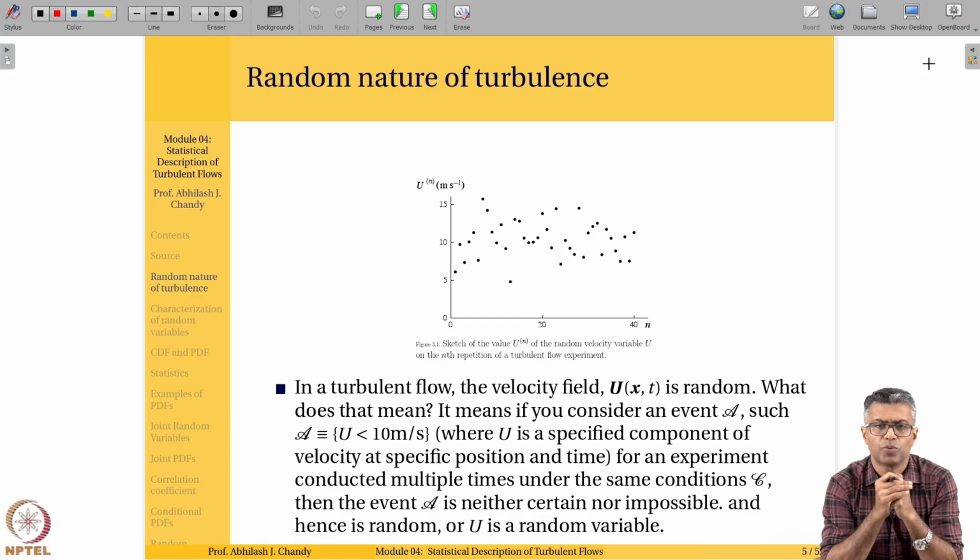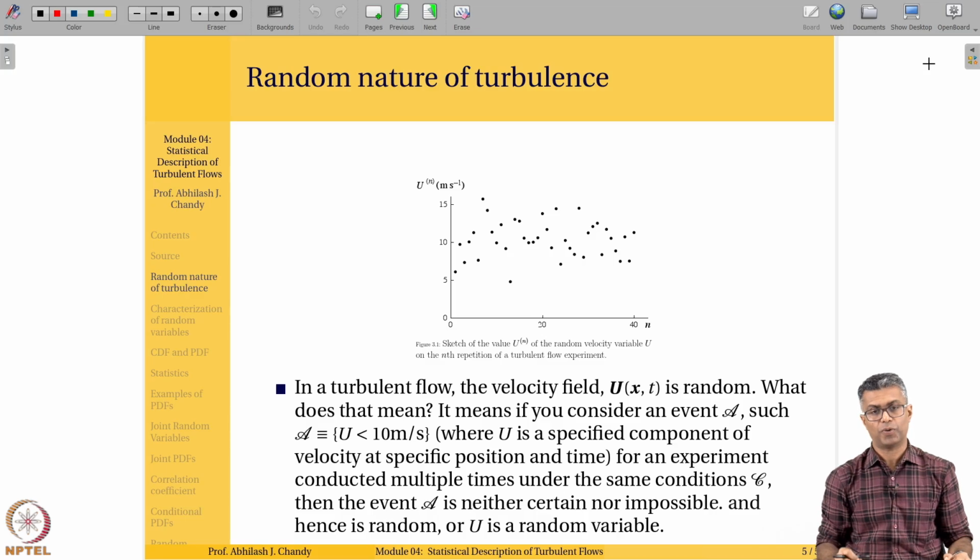Now, let's start to describe what the random nature of turbulence is. And again, I cannot reiterate this enough. The flow is seemingly random to us. It is not actually random. So what is shown here on the slide is a plot of the velocity variable of an nth repetition of a turbulent flow experiment.